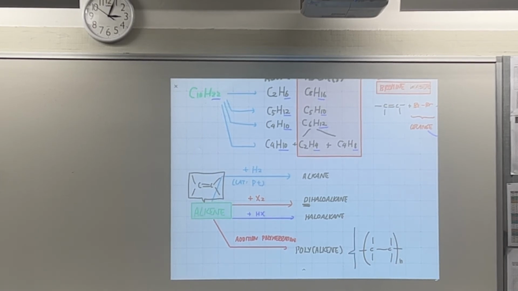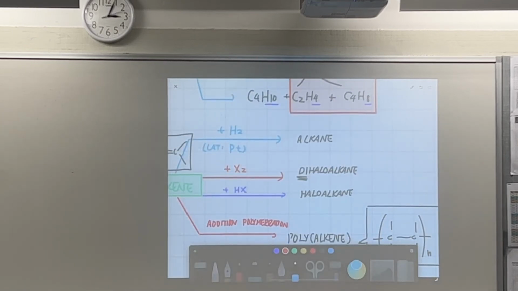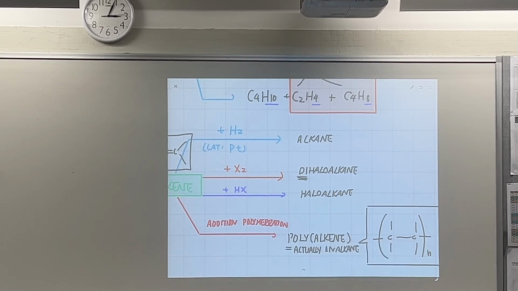So this is actually an alkane, okay? So it will return you with a negative result with bromine water. So you can put this on.